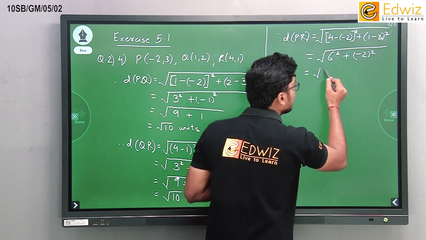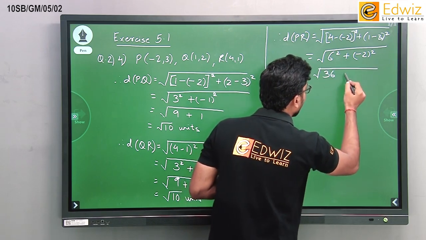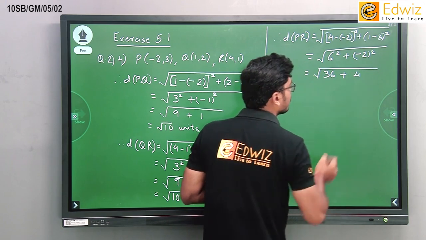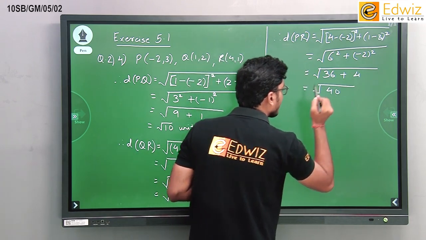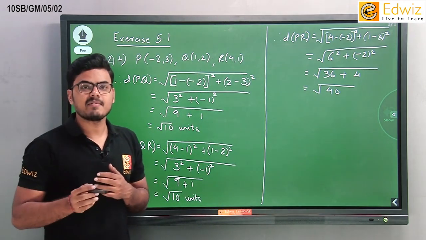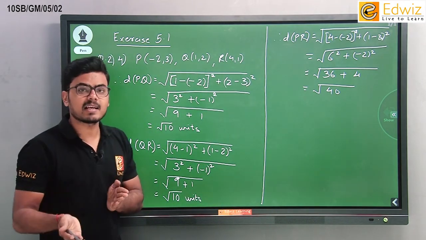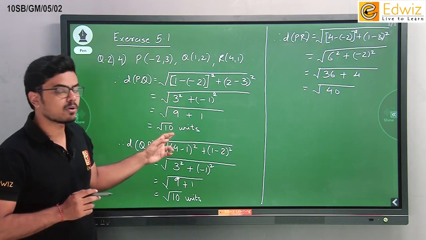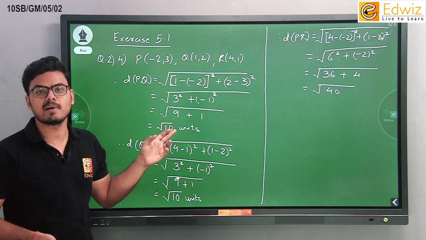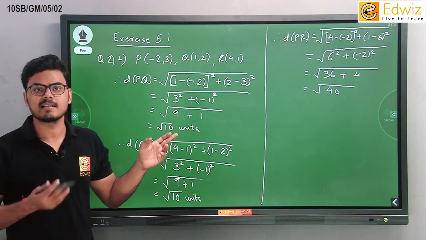Here we are getting square root of 36 plus 4. So basically this is equal to square root of 40. Now 40 we can easily factorize and we can take some part of it outside the square root. Square root of 10 means square root of 2 multiplied by 5, we cannot find the square root of that.